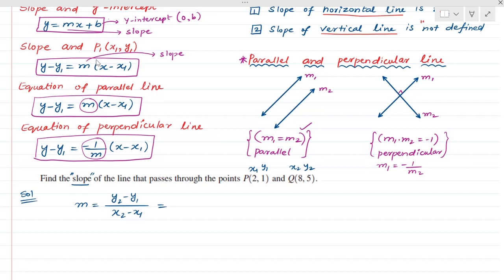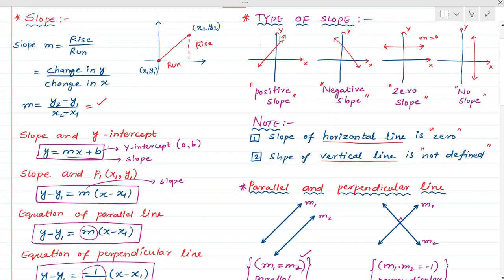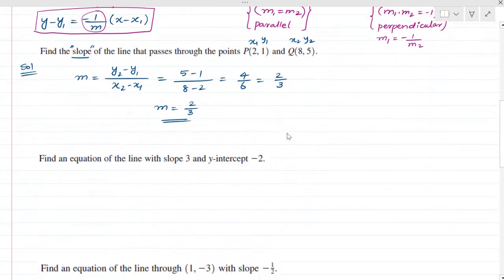If I substitute the values here, 5 minus 1 over 8 minus 2. So it is 4 over 6, which can be simplified as 2 over 3. So the m value is equal to 2 over 3 is the slope, which is a positive slope, going upward. Like this, you will find the line.